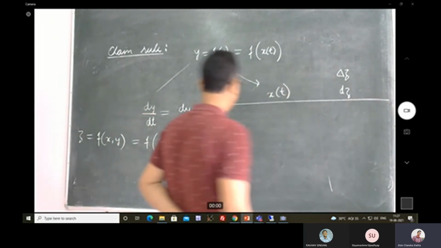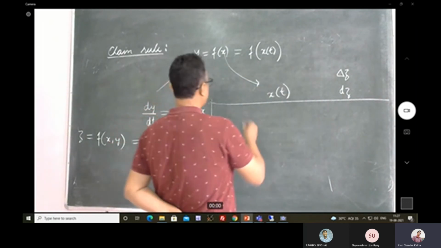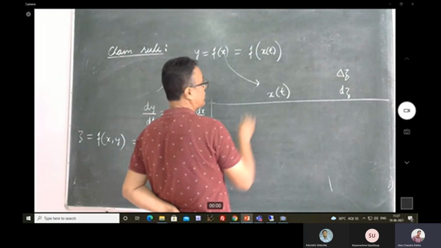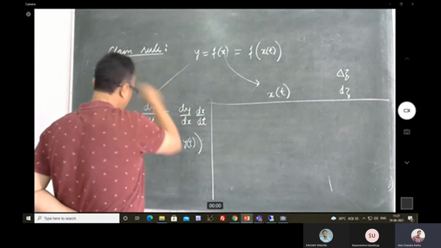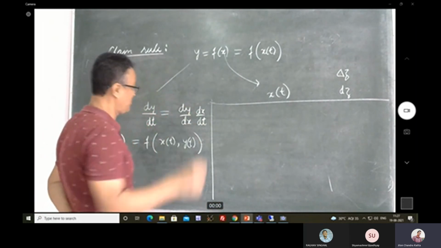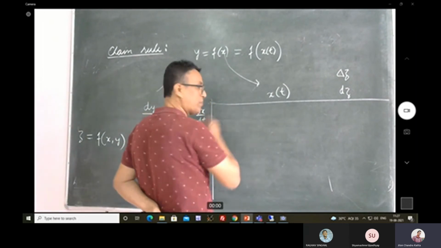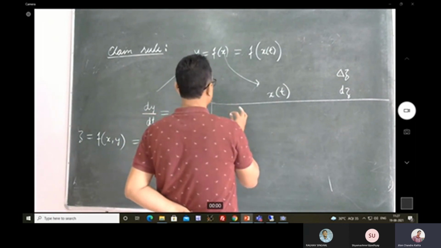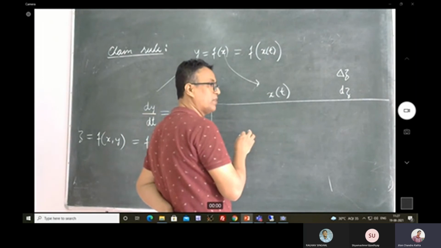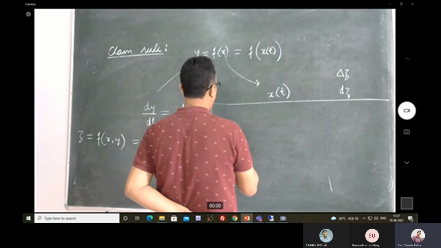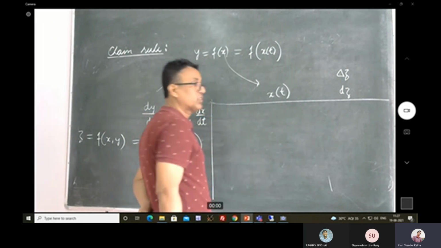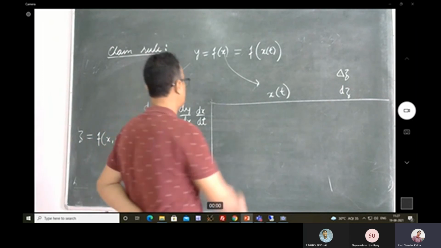If I use the chain rule, in fact I'm trying to derive the same rule. Now if I want to go back to the definition of your differential, for that matter total differential.